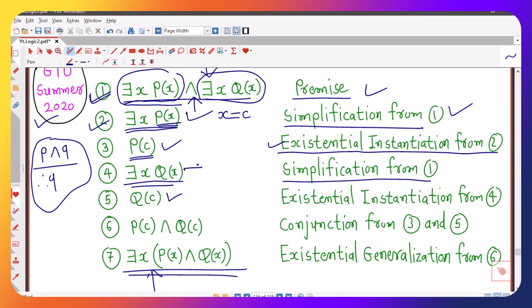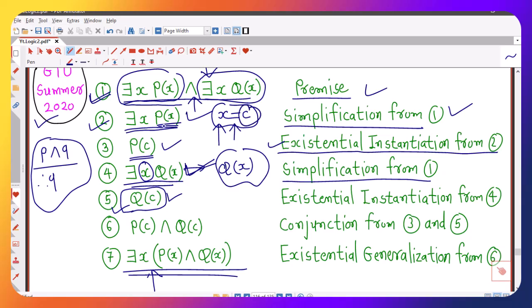Now in the next step they are writing that Q(c). So what is meaning of this? There is some value of x for which Q(x) is true, and they are writing that value as c, and that c which is already used here. So you can see that if Q(x) is true for some x, then it is not necessary that Q(x) will be true for the same c for which P(x) is true.